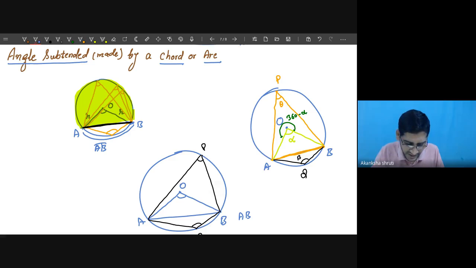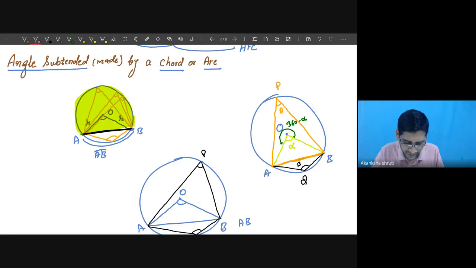Okay, so these are the angles on the circle. These may be called the points P, Q, S. So at points P, Q, S, the different angles are formed. So these are angles at the circle, at the circumference.